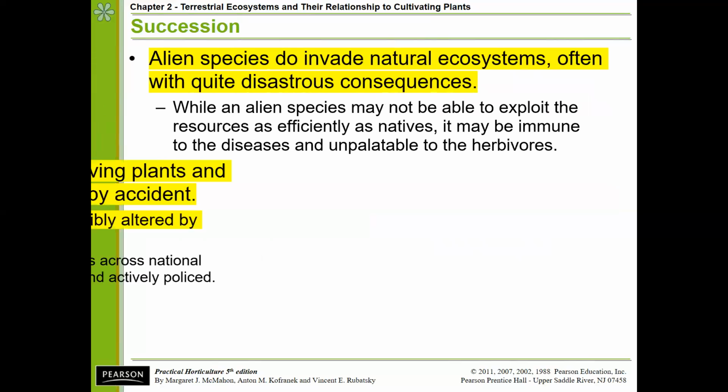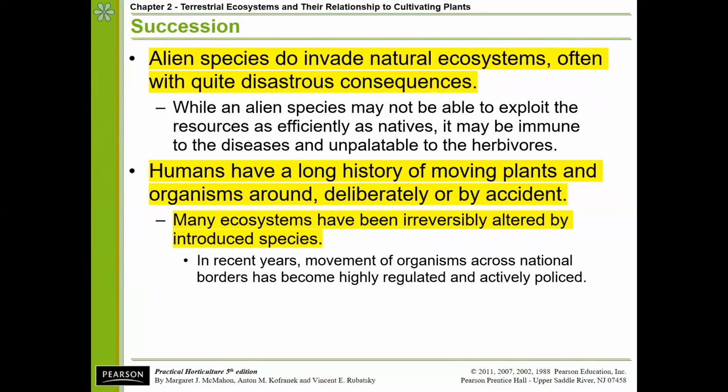Alien species do invade the natural ecosystems, and that can be disastrous. And that's usually our fault. We've moved plants and organisms around the world intentionally and unintentionally, and that has created some irreversible ecosystem effects.